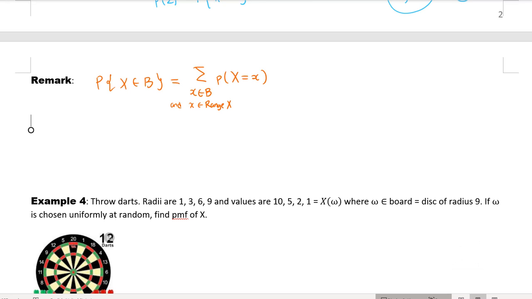So this is the same as the sum over x in B of p(x). And this is a countable sum. So the probability mass function is only for discrete random variables. So we assume X is discrete.